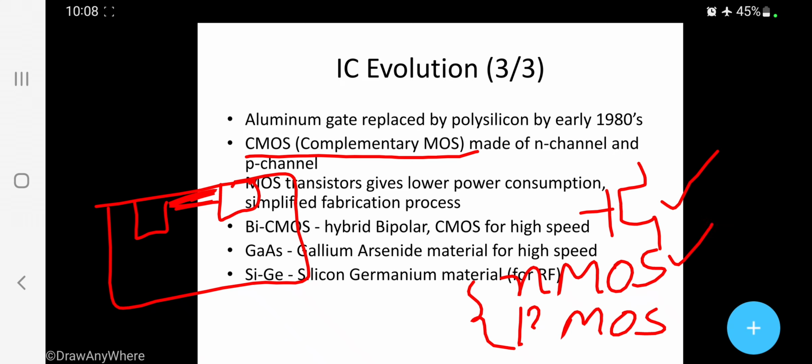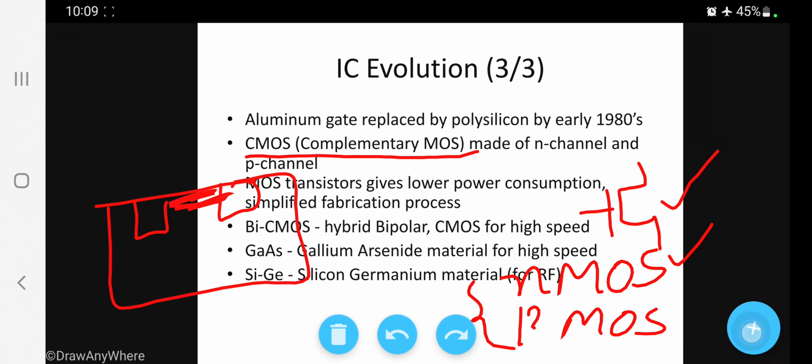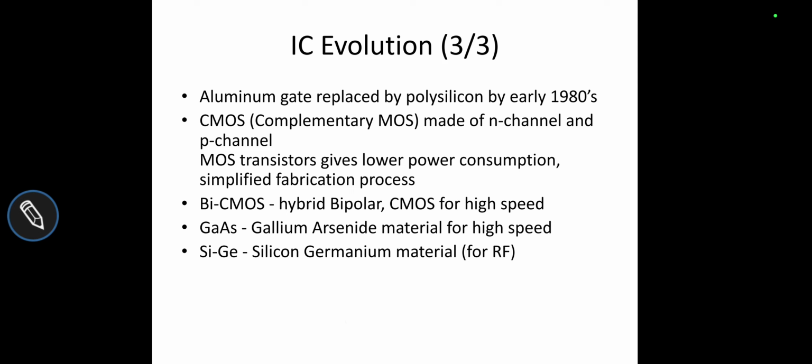If the channel is of P type with holes, then it is PMOS. N type means with electrons. So MOS transistors give low power consumption and a simplified fabrication process compared to bipolar.